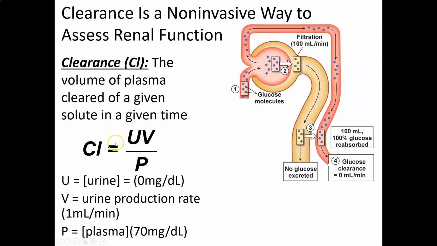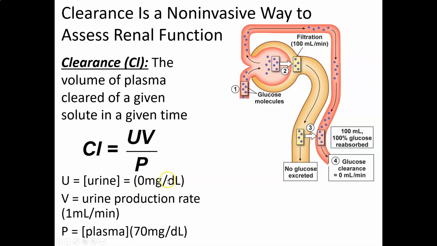Here we're going to look at the clearance of glucose. If we look at some typical values, a typical value for the urine concentration of glucose is 0, because for 9.3, we said urine should not have any glucose in it.